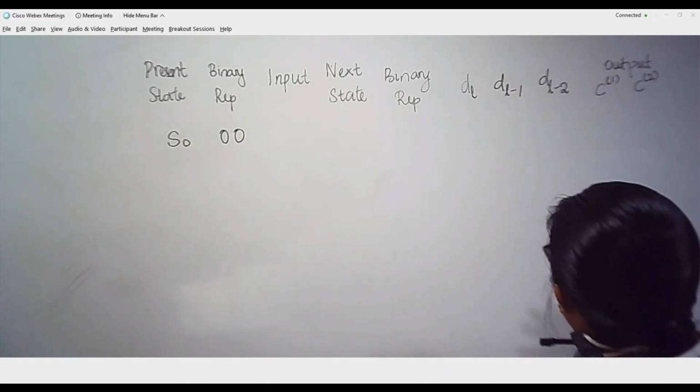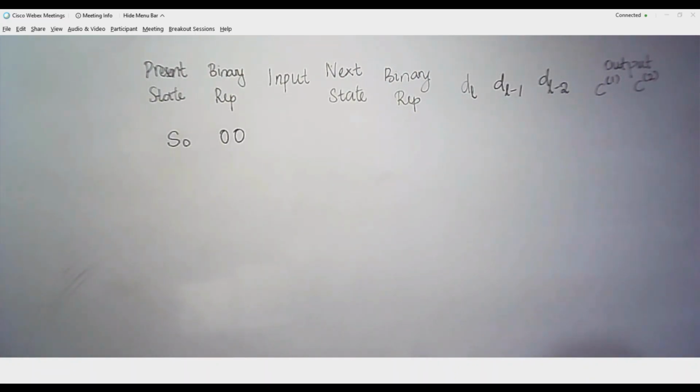Now I have erased the diagram. Let me write a short diagram over here for my reference, with C1 and then C2.